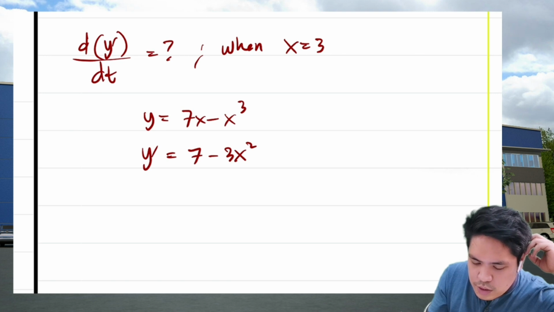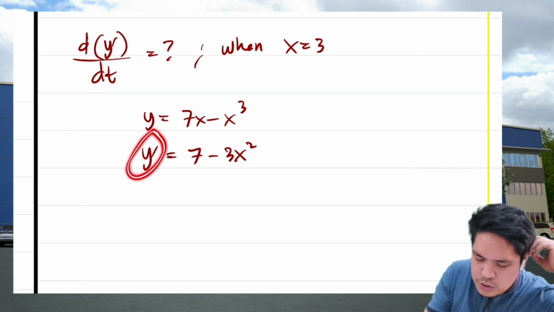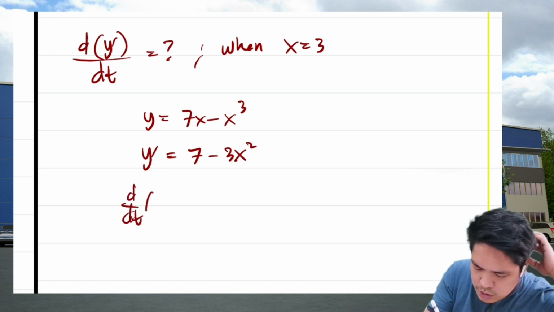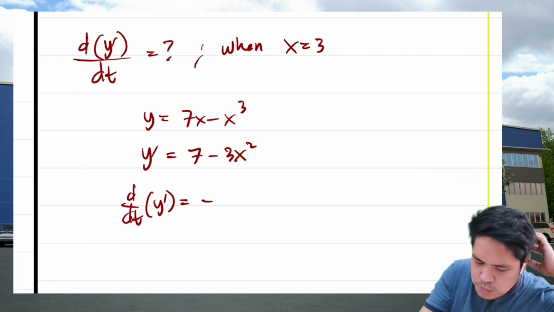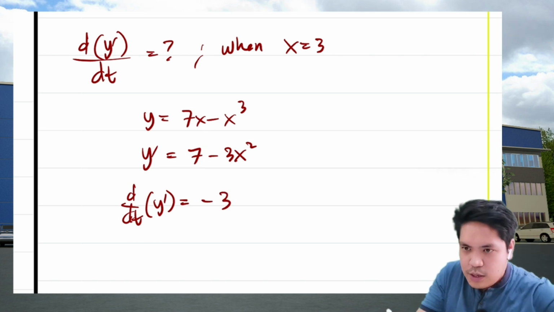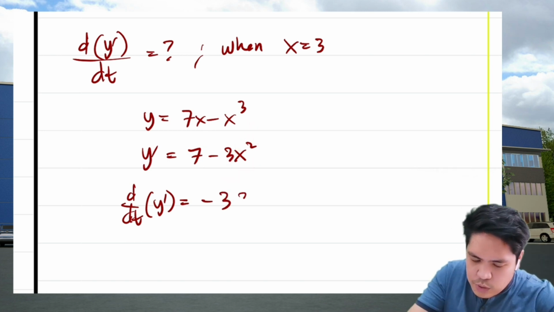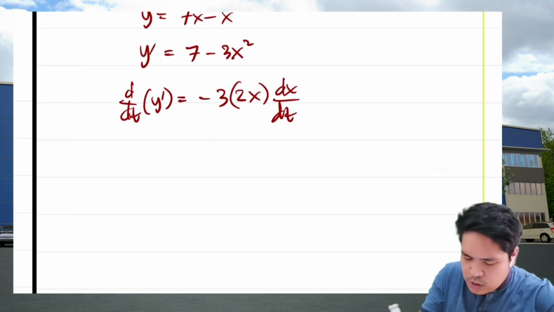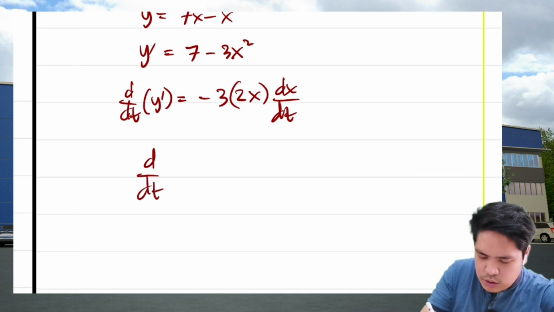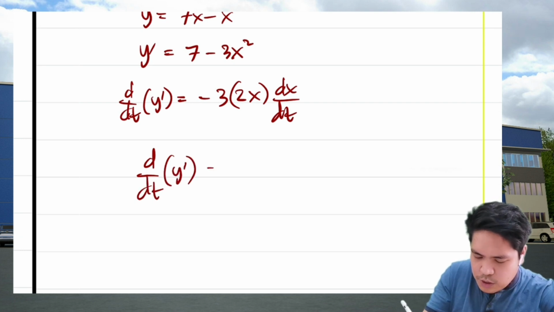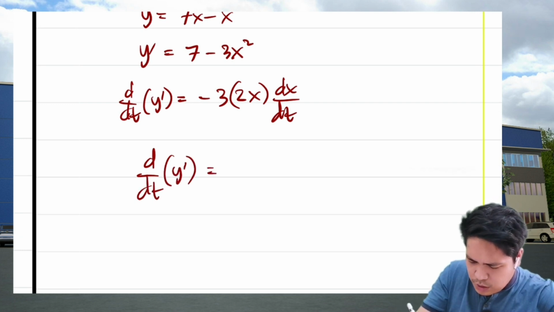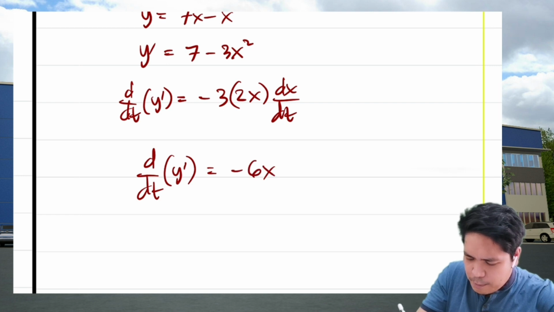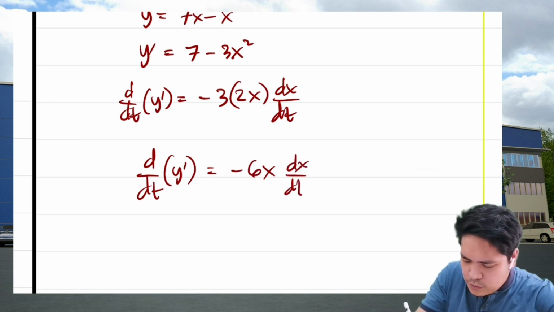Now, if we want to get the derivative of this with respect to time, that would be d over dt of y prime is equal to 0 minus 3 times the derivative of x squared with respect to time. So that's 2x times dx over dt. So d over dt of y prime, ito na yung hinahanap natin, would be equal to negative 6x times dx over dt.